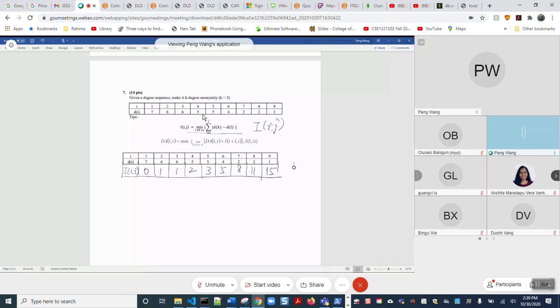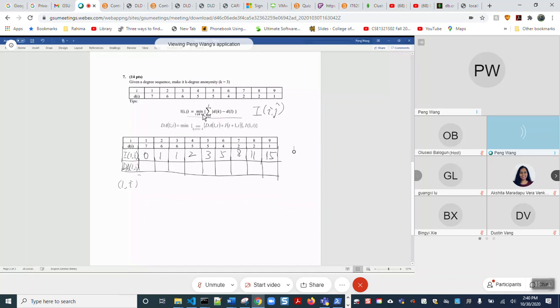After calculating this I1i, we can calculate this dA1i. dA1i means the minimum cost of making the given sequence from 1 to i satisfy this k-degree anonymity.